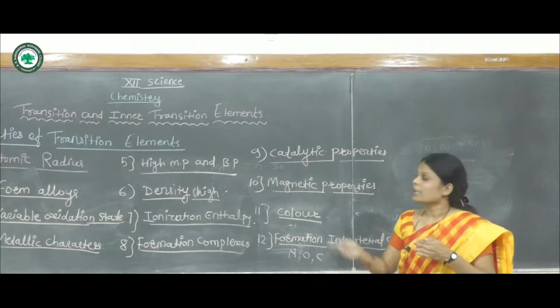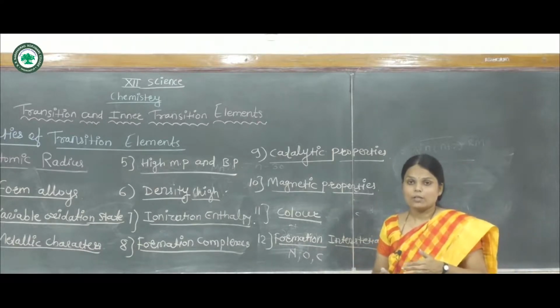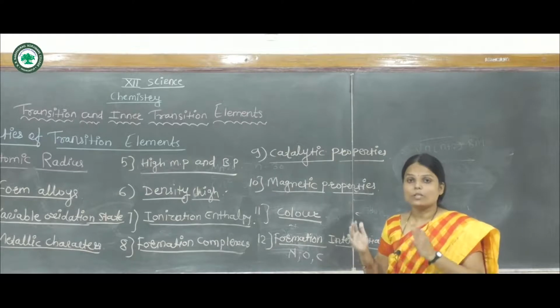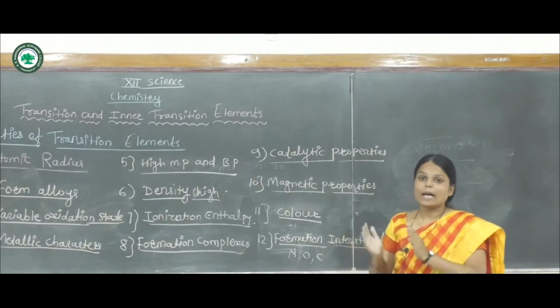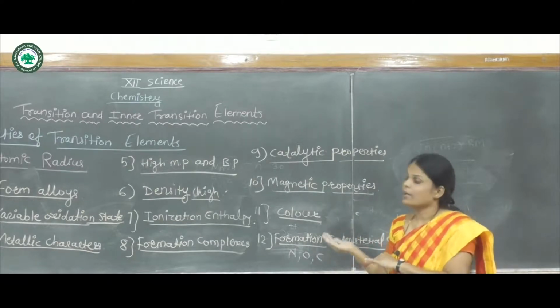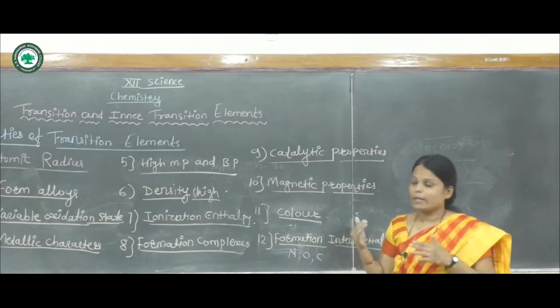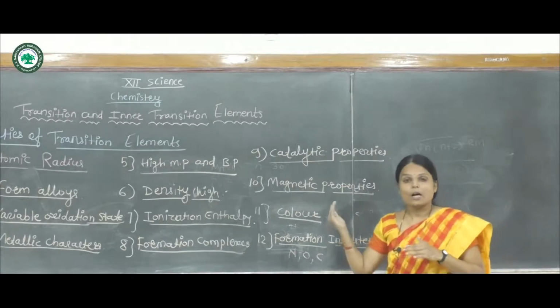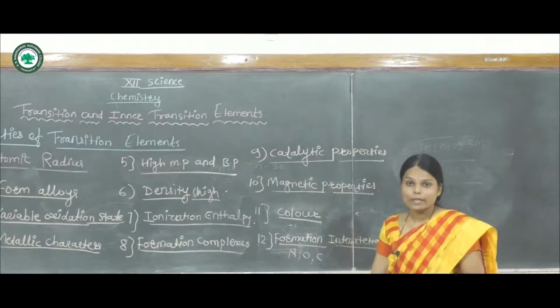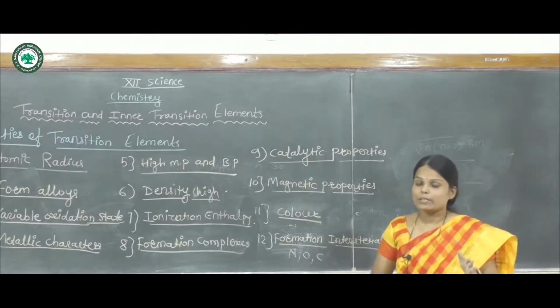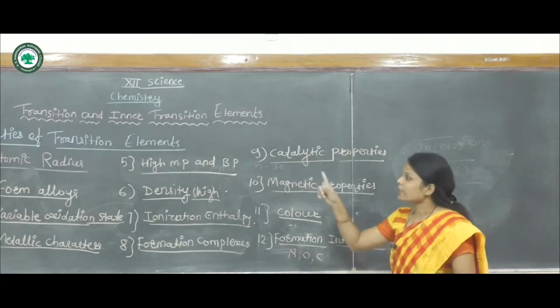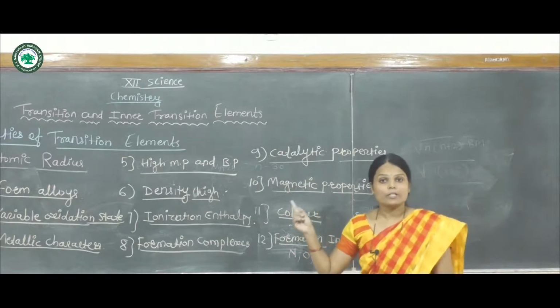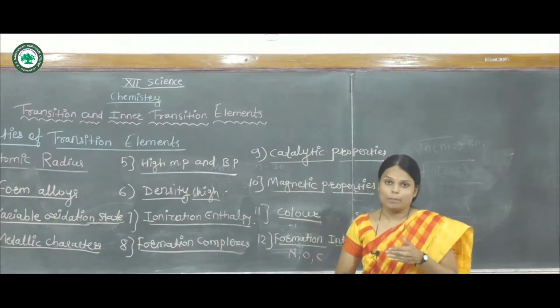After some time the atomic radius is constant. Why is it constant? Because the nuclear charge is high and the atomic number also increases. Then towards the end the atomic radius increases, and the nuclear charge also increases. The second property is that transition elements can form alloys.